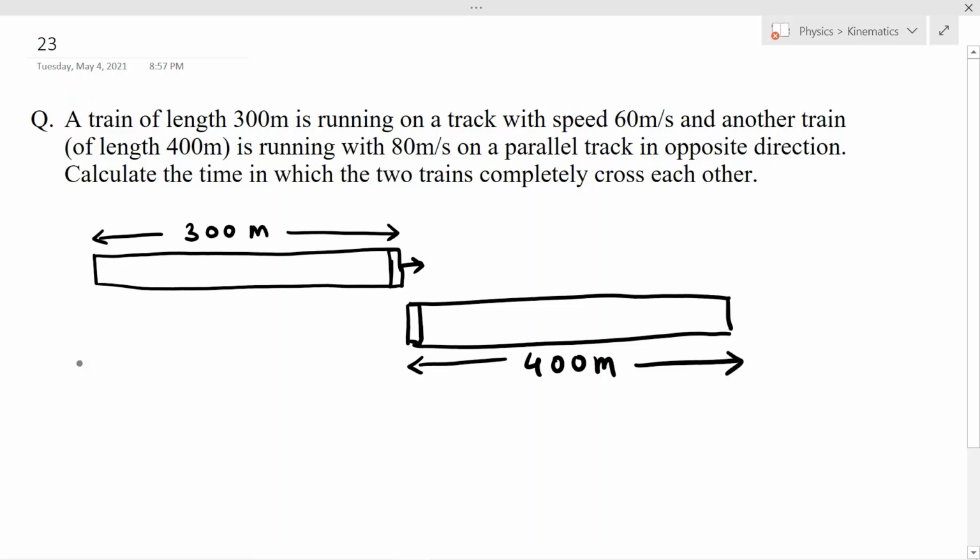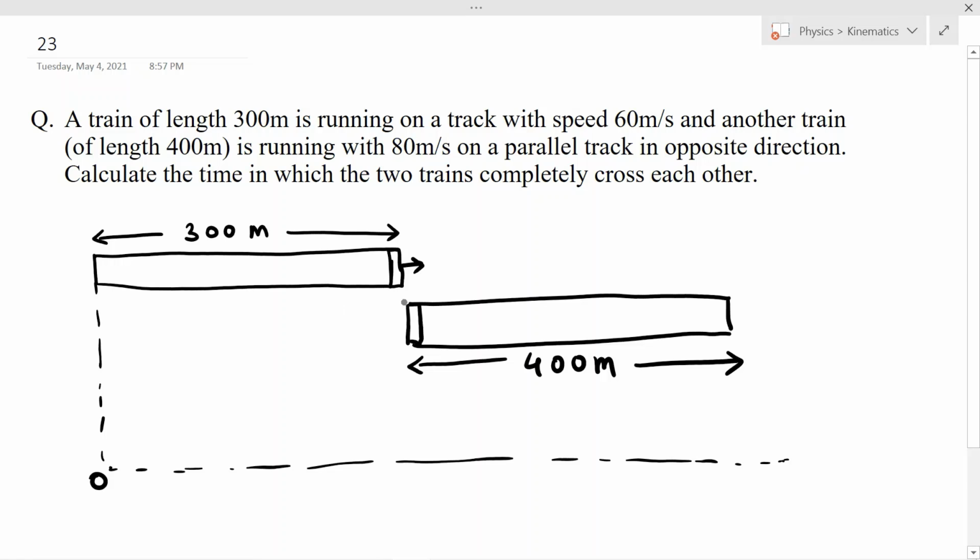Now what will be our origin? So let's say this is our origin, 0. Let me draw a little bit off. So let's say this is the origin.